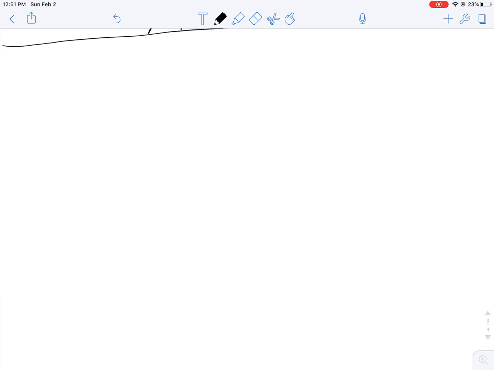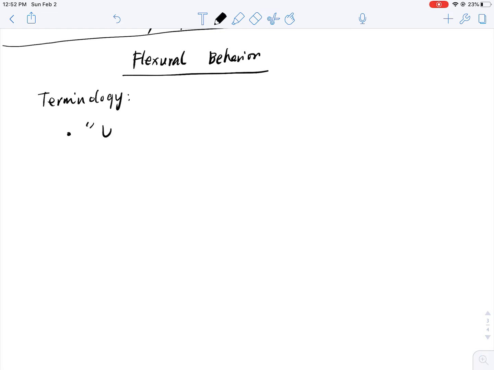All right. So by this, we will first establish some flexural behavior, and some of the terminology. Under reinforced: we used this term already but haven't explained it so much, so today we're going to explain it.